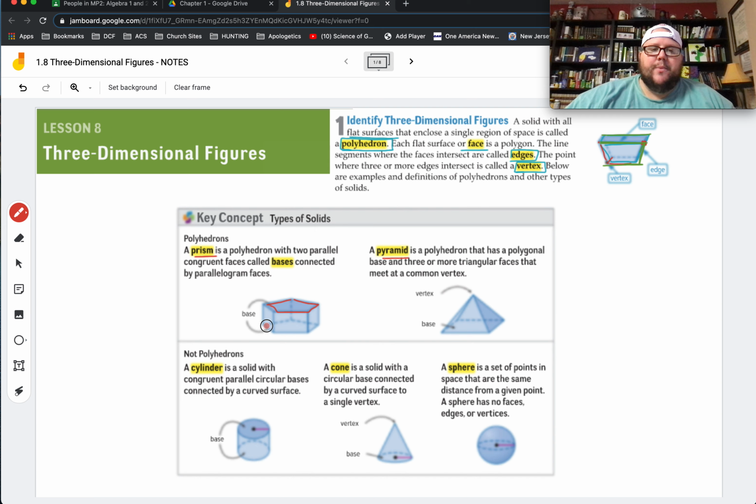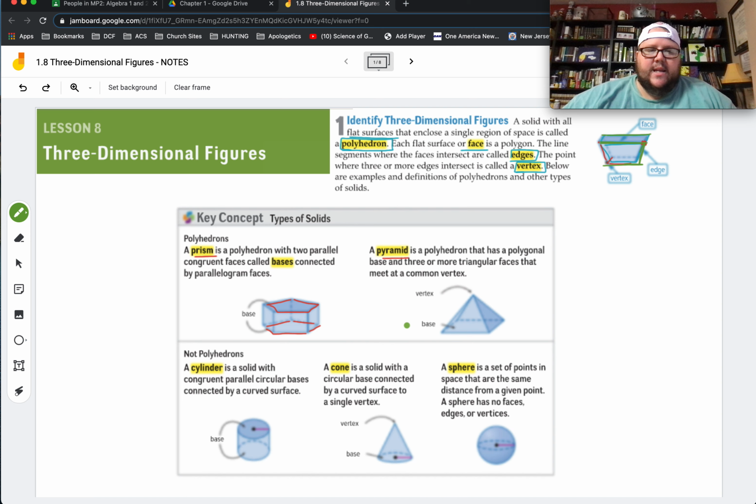And the bottom base is also a pentagon: 1, 2, 3, 4, 5. And they're both the same. They're connected by parallelogram faces. So the faces that are connecting them are 1, 2, this one back here, which would be 3, 4, and so on. So the bases are the same.